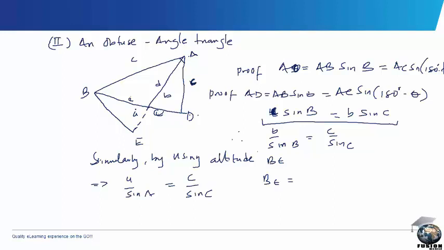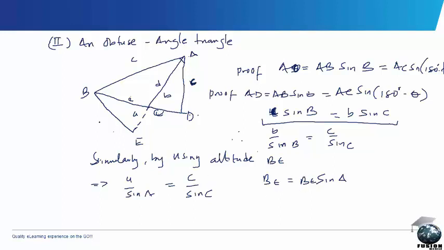We have A facing this side, and so we have this part to be BE. So how do we get BE?